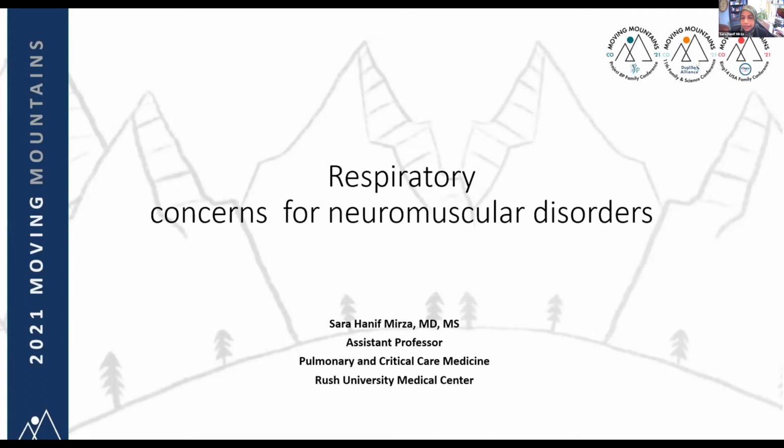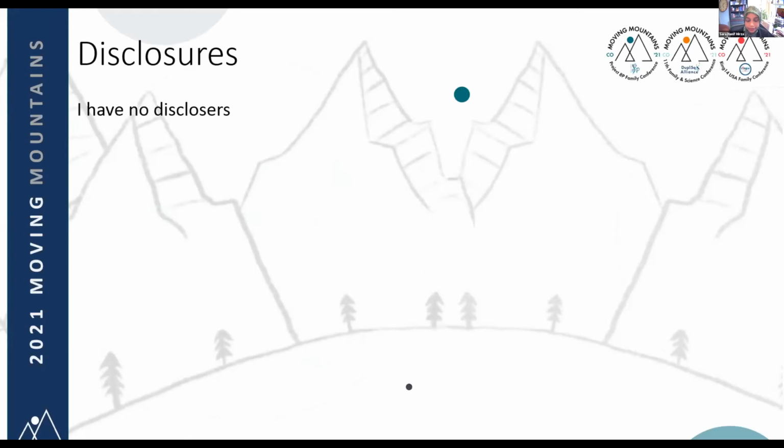I am an adult pulmonologist, and I work with a wide range of patients with any form of neuromuscular respiratory weakness. So we're going to talk about the concept of neuromuscular disorders and how it can impact our patients as they progress from childhood to adulthood, what situations I deal with, and what the implications are and how we go forward.